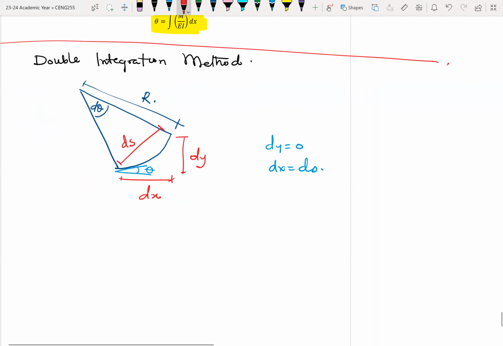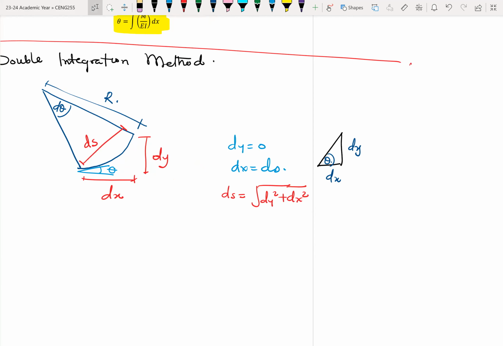So ds is simply equal to the square root of dy squared plus dx squared. This is the Pythagoras theorem. So this is your dy, this is your dx, this is your theta. It means that theta is simply dy over dx.